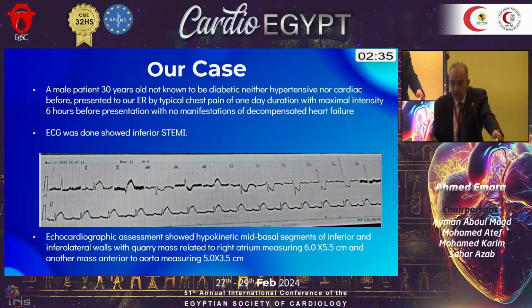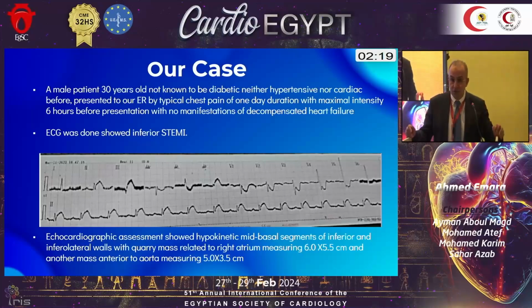In our case, this is a young patient about 30 years of age, presented with myocardial infarction. It's not associated with atherosclerotic risk factors; not known to be diabetic, nor hypertensive. It presented as an inferior infarction. This should draw our attention to other etiologies rather than the usual atherosclerotic disease.